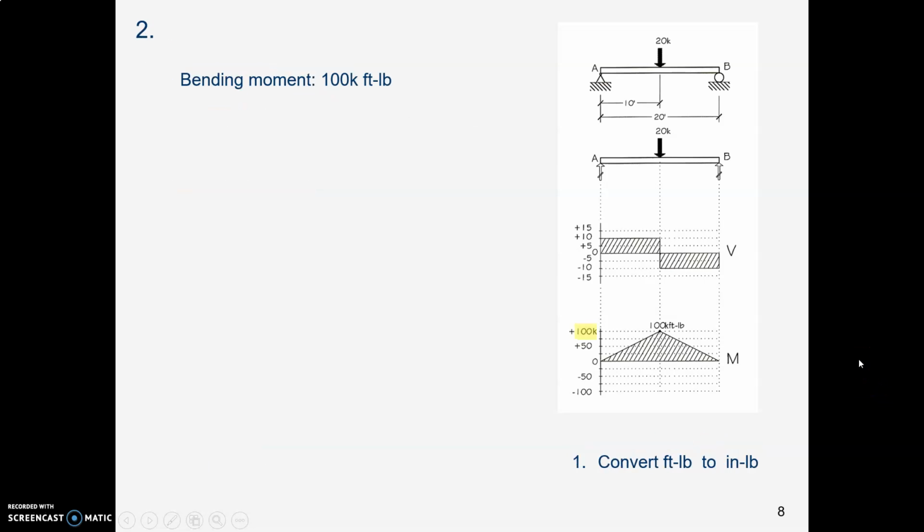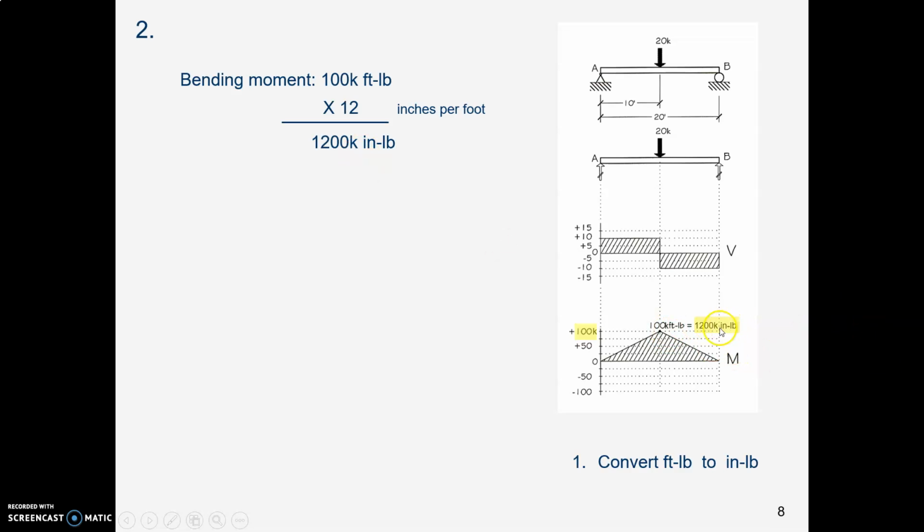So first let's convert this from foot-pounds into inch-pounds. So right now it's 100K foot-pounds. There are 12 inches in a foot, so we'll say 100K times 12. That'll give us 1200K.